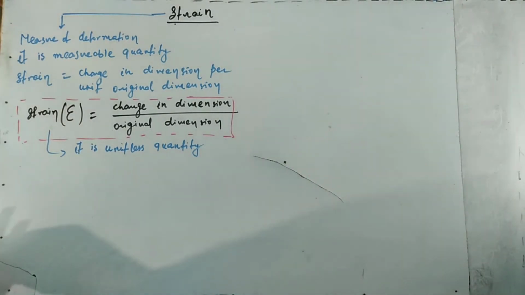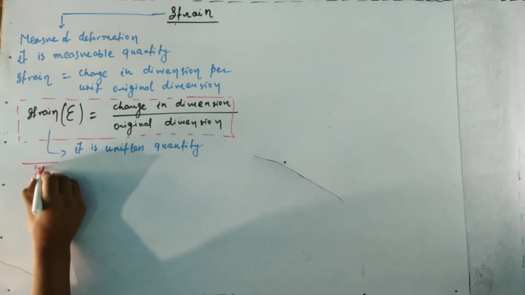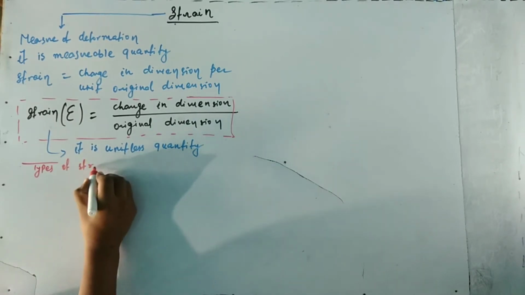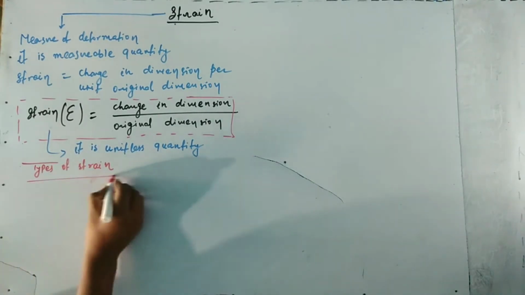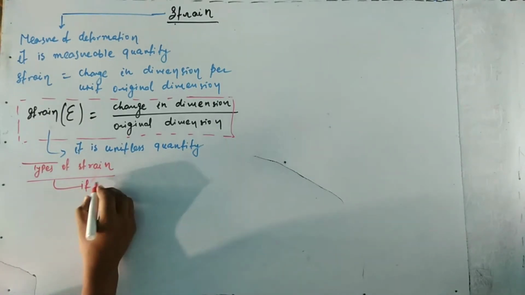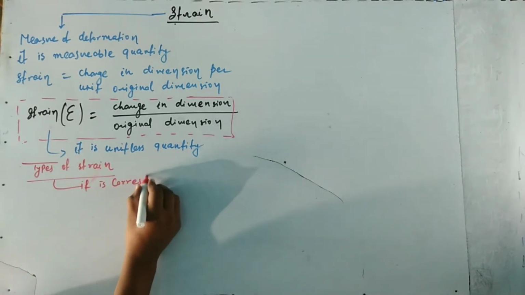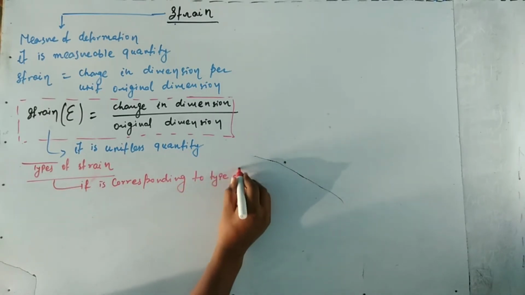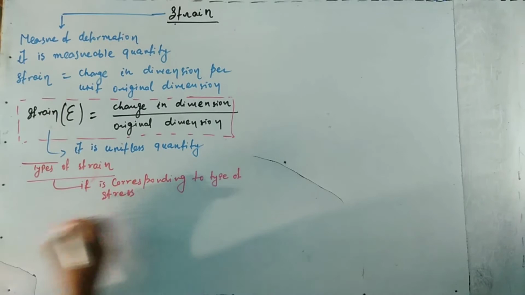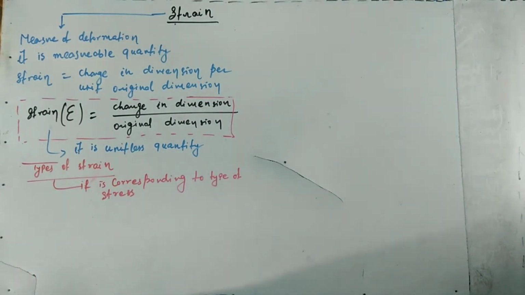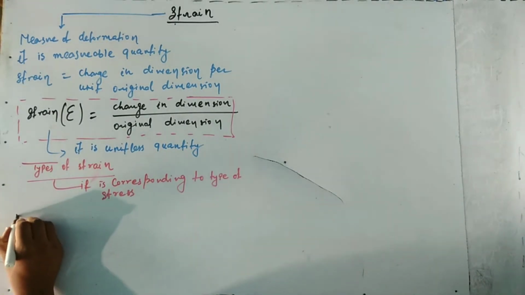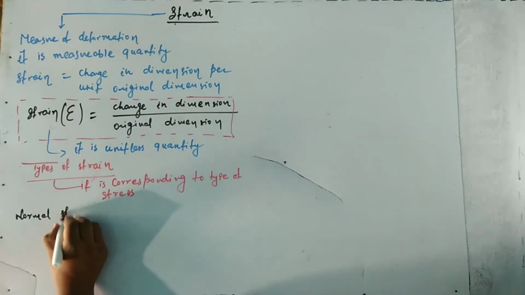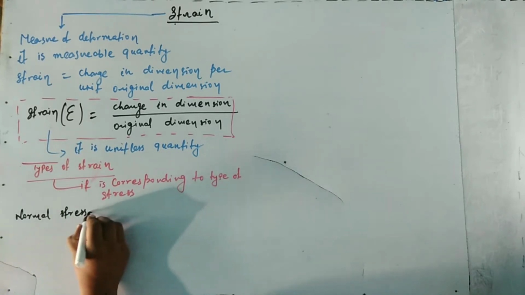Now we will see the types of strain. The type of strain corresponds to the type of stress, because strain is produced due to stress. Whichever type of stress acts on a body, that strain will be there.